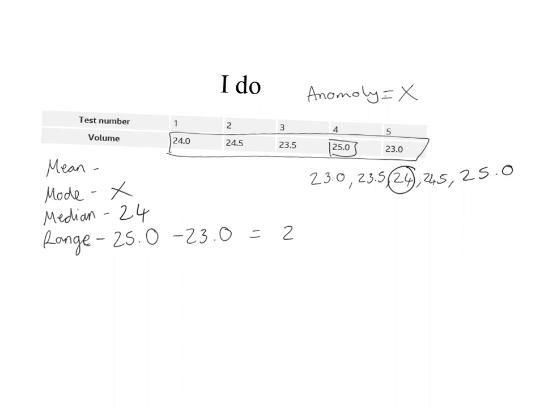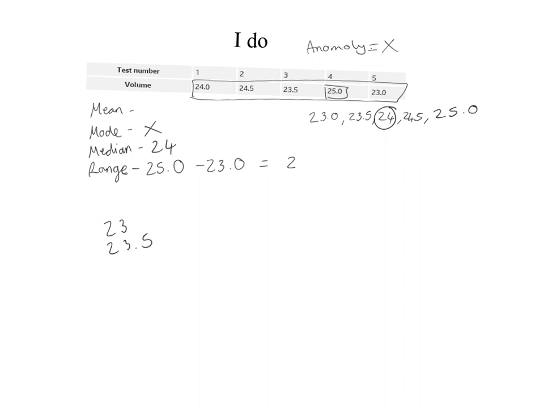Then to work out the mean, you need to add up all them numbers. So you can either do it in your head or you can do it on a calculator. It is entirely up to you. But the first thing you're going to do is add them all up.